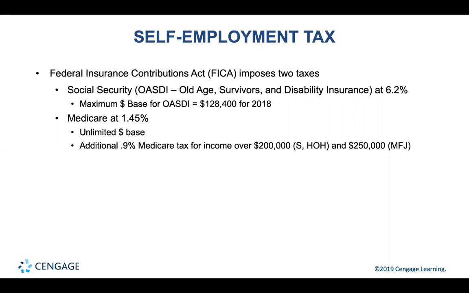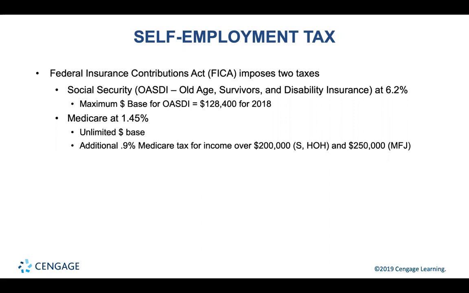So for Social Security, the entire amount is 6.2%. There is a maximum base for OASDI, which is Old Age Survivors and Disability Insurance, the Social Security portion. In 2018, that is $128,400.